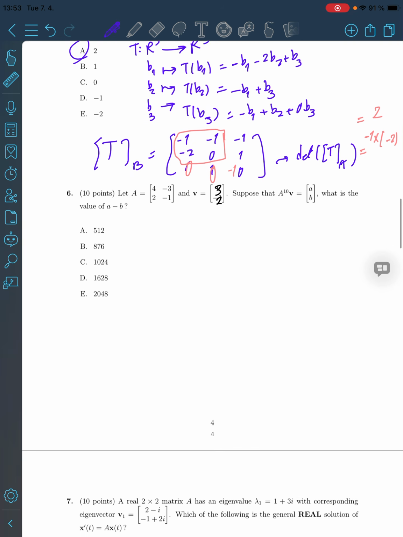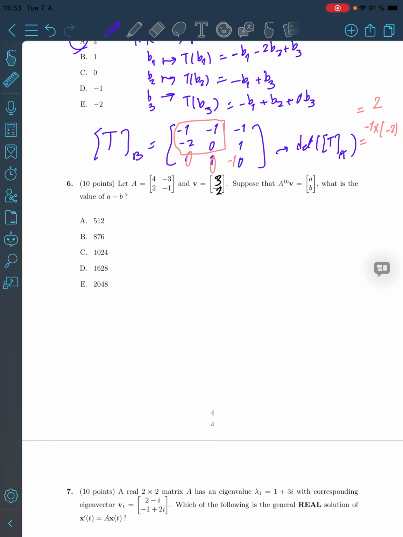So now let's move on and go to question number 6. Question number 6: you are given A and V, and you should compute A to the power 10 multiplied by V, and then find A minus B. This question is one of the interesting applications of eigenvalues and eigenvectors.